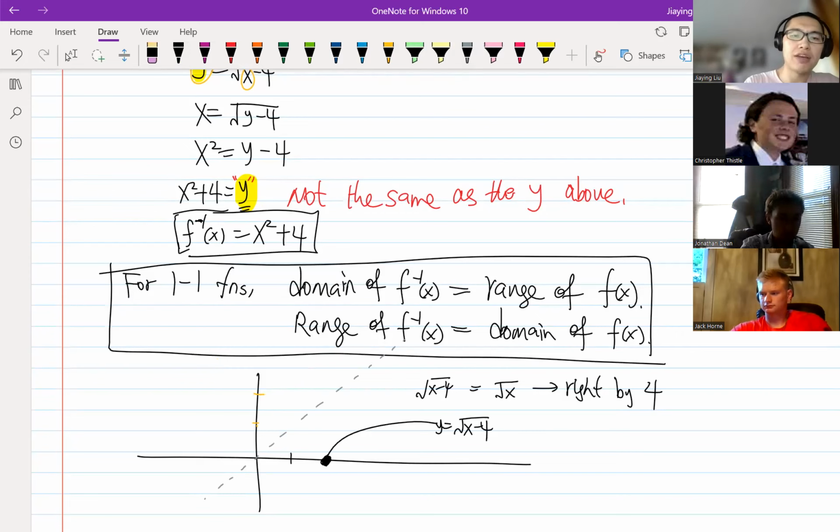So we have to be careful with what we graph at the end for the inverse. We only graph what is valid for the domain and the range. So this is actually the correct graph at the end. It's not the full parabola, it's only half of the parabola.